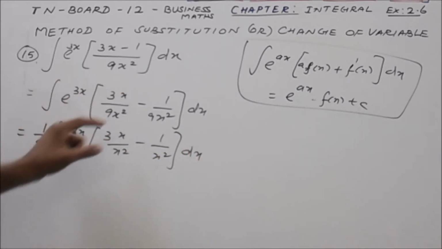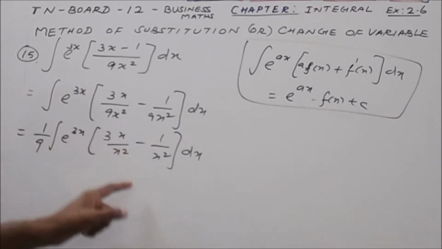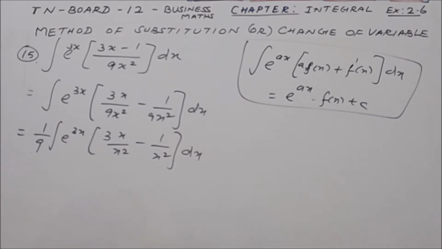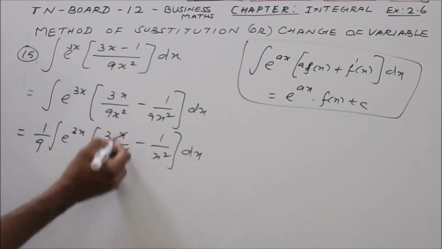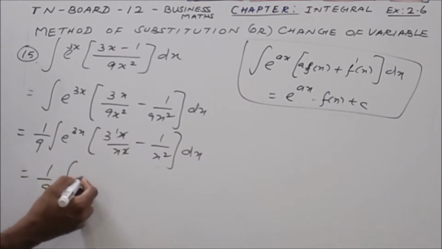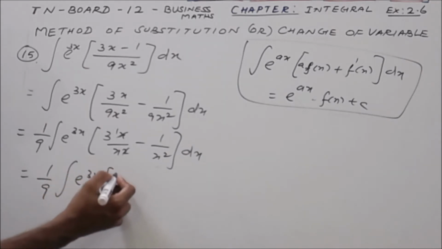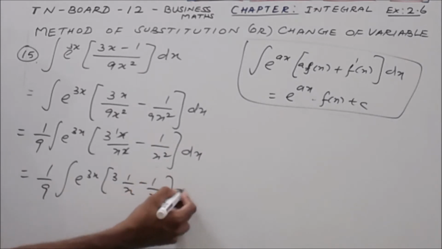I have removed 1 by 9 as common. So e power 3x into 3 into x by x square minus 1 by x square. Now we can cancel, so that is equal to 1 by 9 into integral e power 3x into [3 into 1 by x minus 1 by x square] dx.